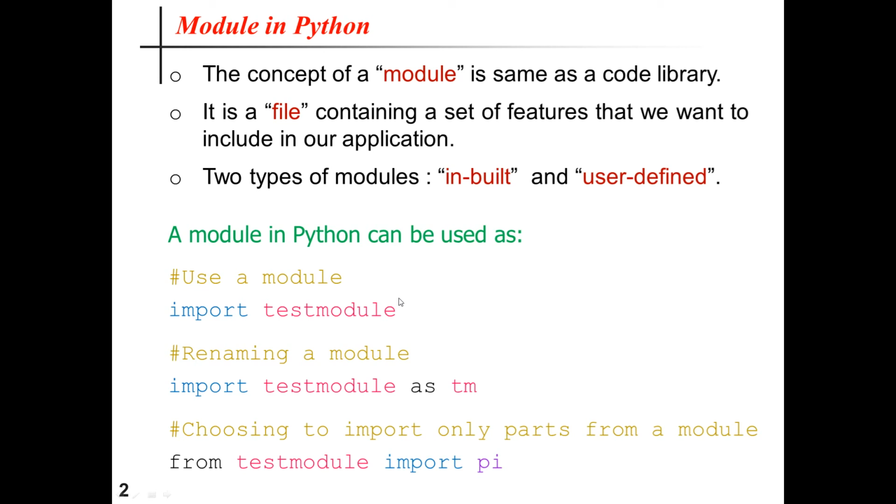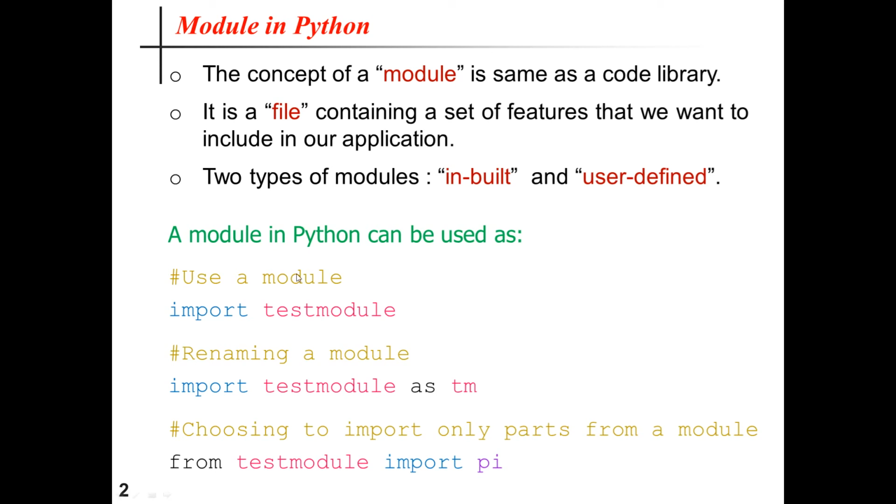Now suppose instead of importing the entire module, I would like to import parts of it. Here we can do it by using this syntax, like from test module import py. Clear? That way only the selected part will be imported, not the entire module.